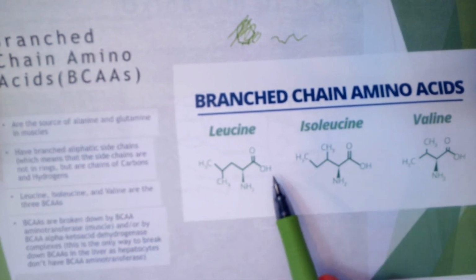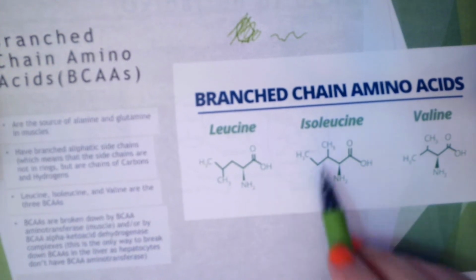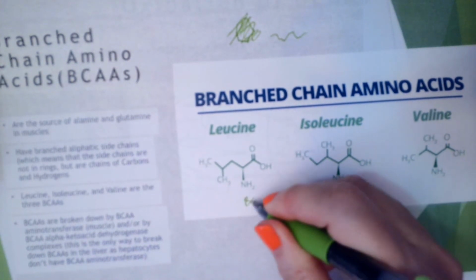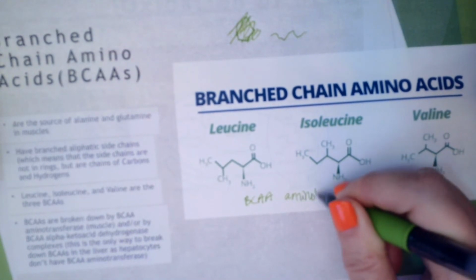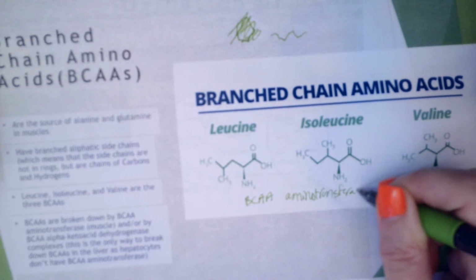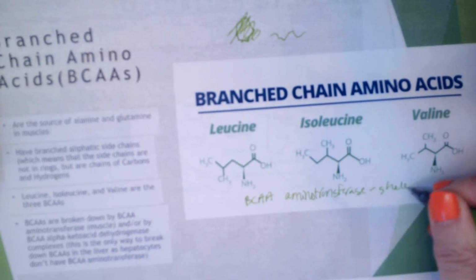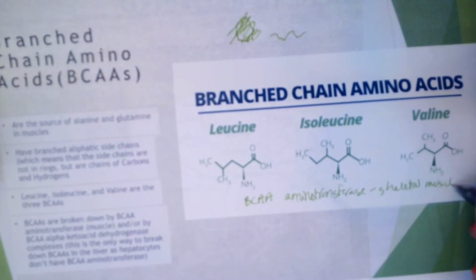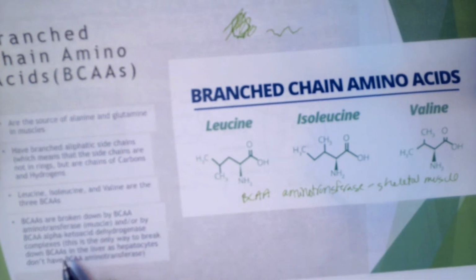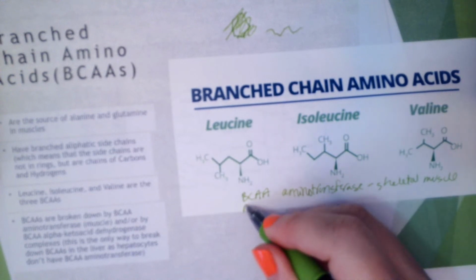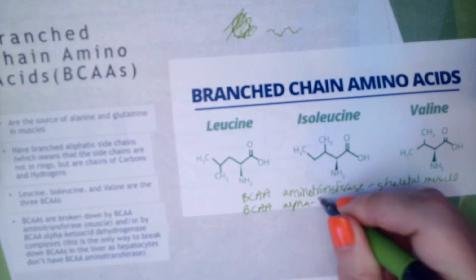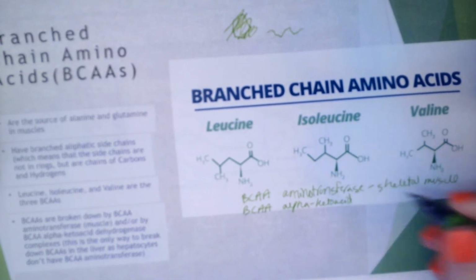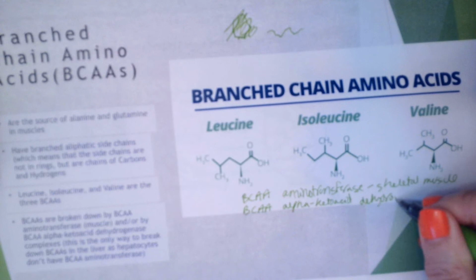When we're breaking down our branched chain amino acids in our skeletal muscle, it's done by branched chain amino acid aminotransferase. It's written over here, but I'm thinking you probably can't see that. If we're talking about the liver, it's broken down by the branched chain alpha keto acid dehydrogenase complex.